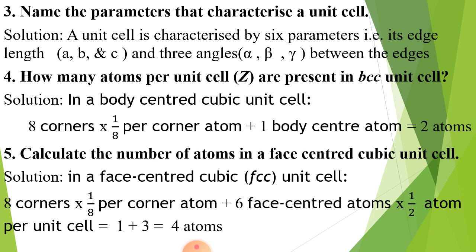Each face contributes 1/2 atom per unit cell. On solving this, we get a total of 4 atoms per unit cell. So that means FCC always contains 4 atoms per unit cell.